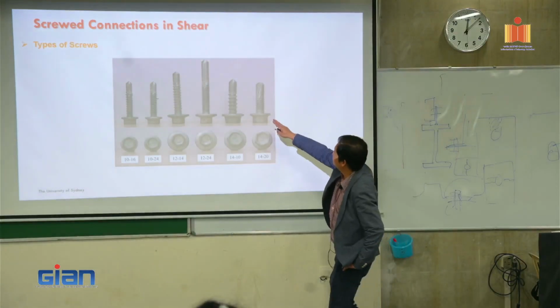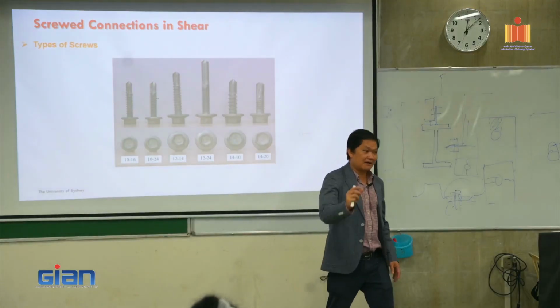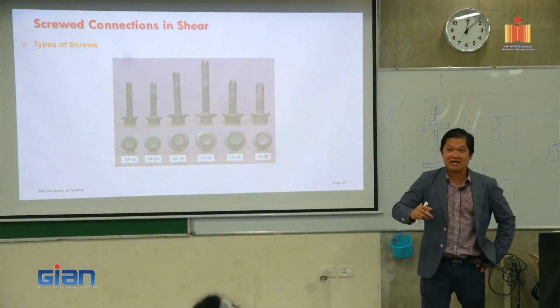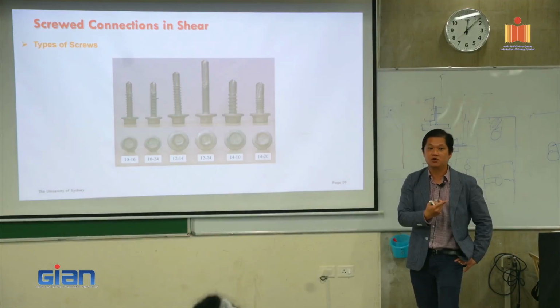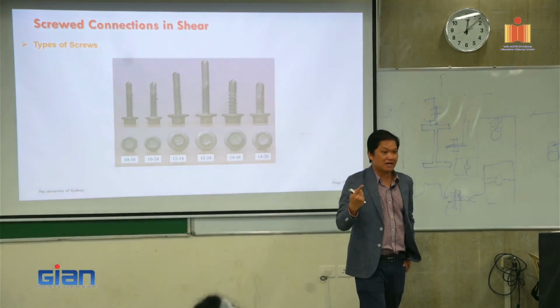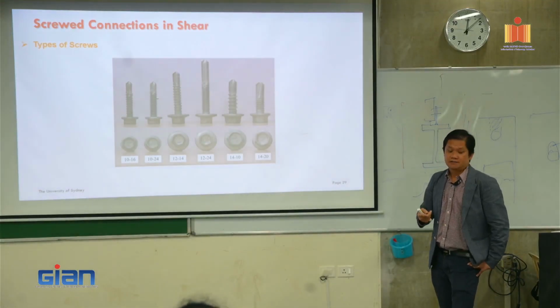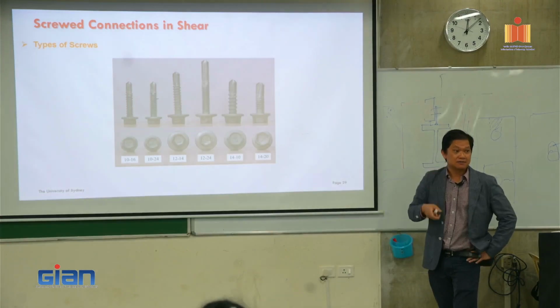Do you see that? From here to here, they have a special tip, so it can cut the steel before screwing it together. So you don't need to make a pre-drilled hole, you just use that and cut through the steel.